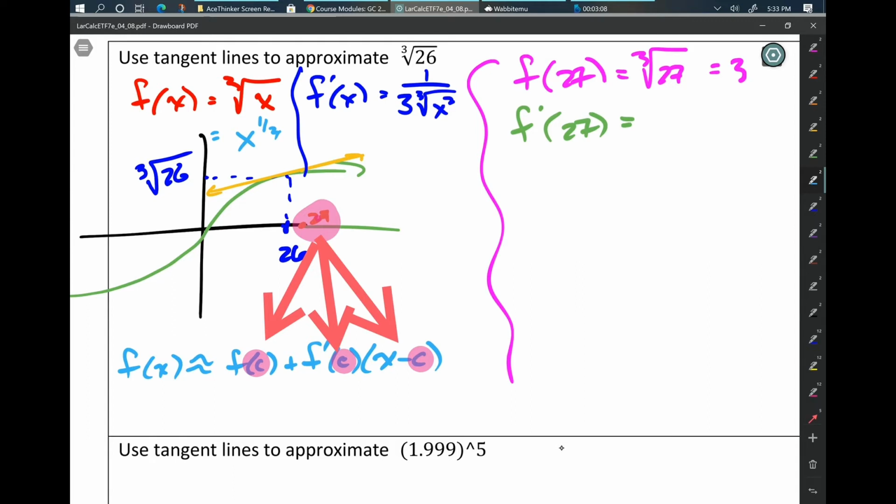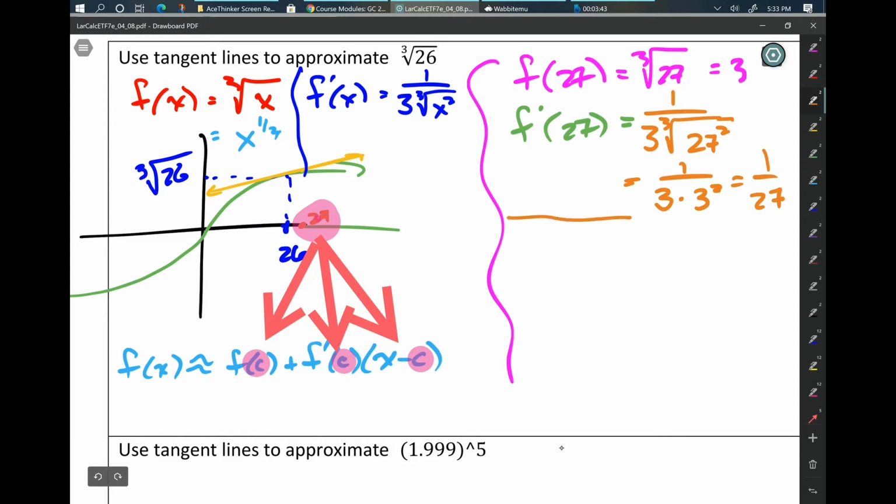So then f prime of 27 is going to be 1 divided by 3 times the cube root of 27 squared. So that's 1 over 3 times 3 squared. Remember, when you take the cube root of something squared, you can take the cube root and then square it, or square it and then take the cube root. Either way, I'm going to choose to take the cube root then square. And so that gives me 1 over 27.